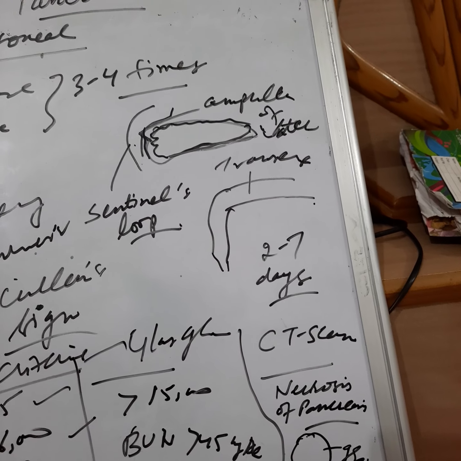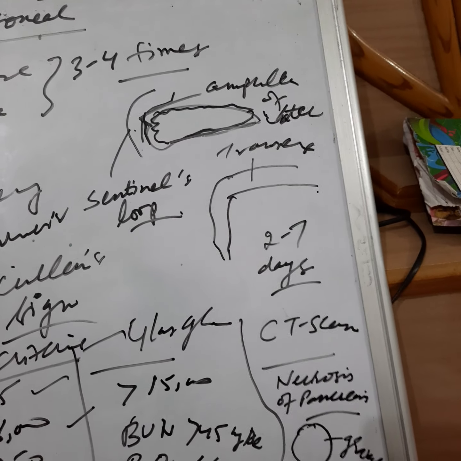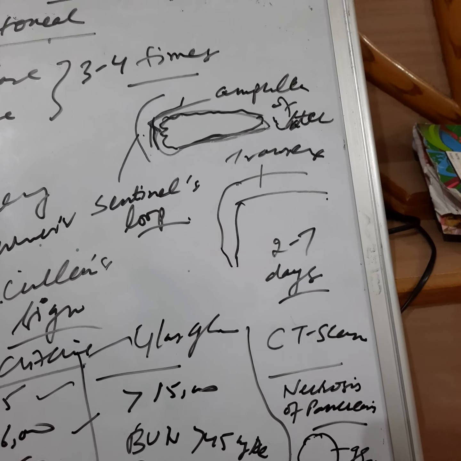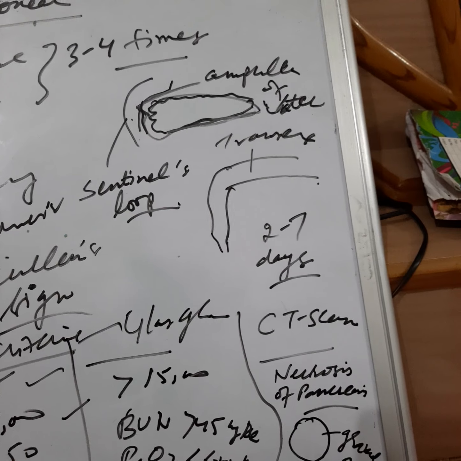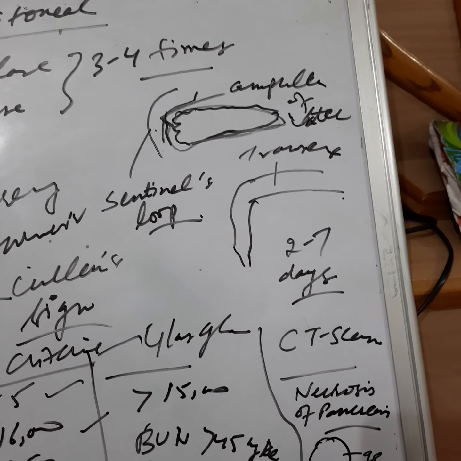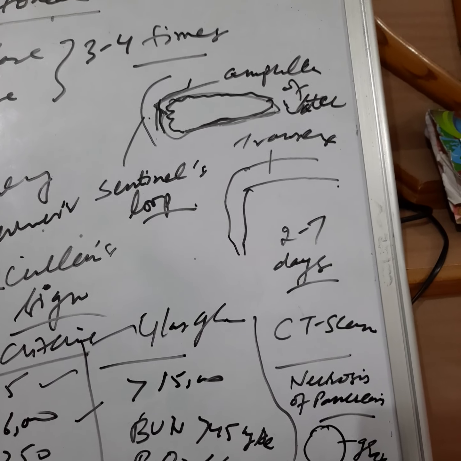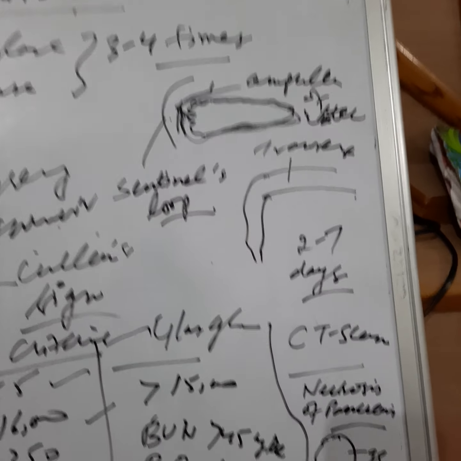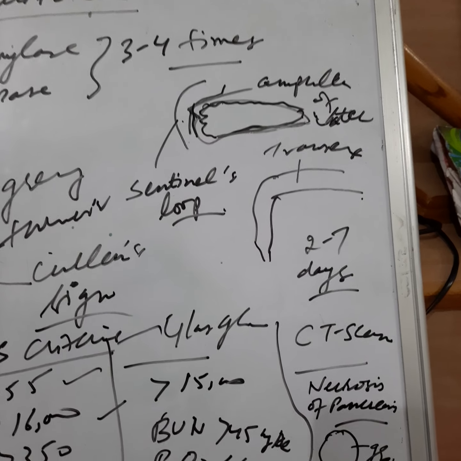For that, a fine needle aspiration under CT scan guidance is done for the aspiration of the pus, to know about the pancreatic necrosis, or there might be high fever, leukocytosis, persistent abdominal pain.